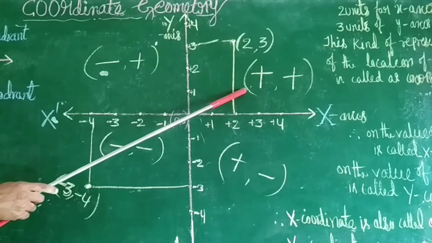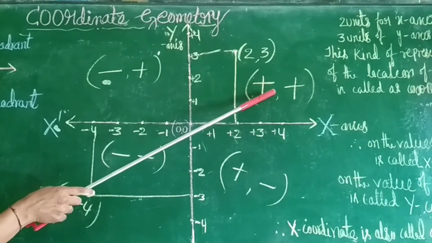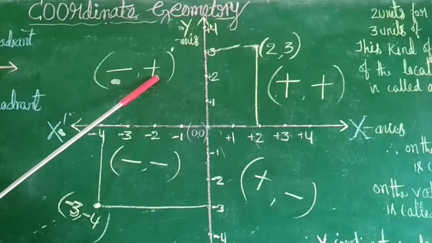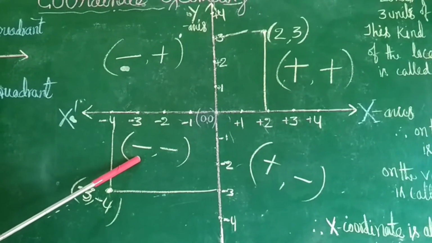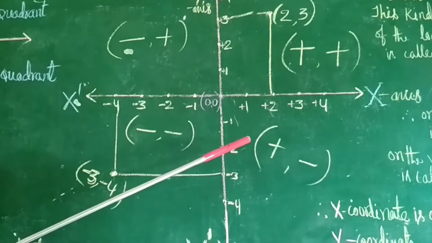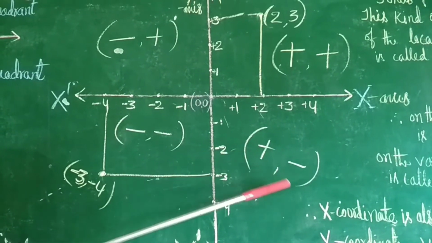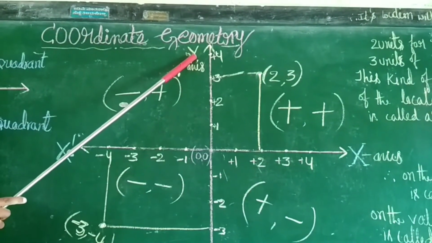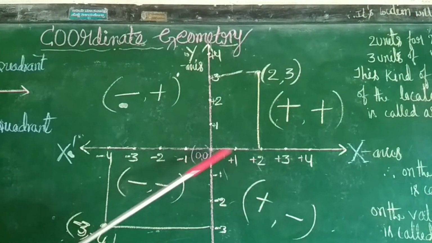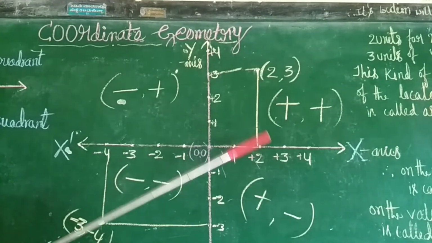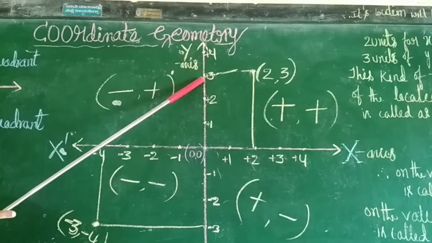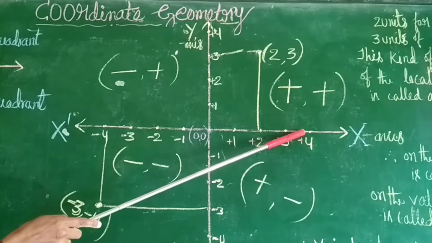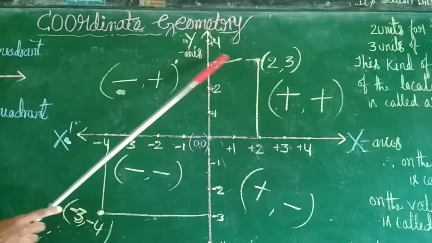Dear students, the first quadrant is plus, plus, the second quadrant is minus, plus, the third quadrant is minus, minus, and the fourth quadrant is plus, minus. This is the x-axis and this is the y-axis. These two reference axes, the x-axis and y-axis, are called coordinate axes.